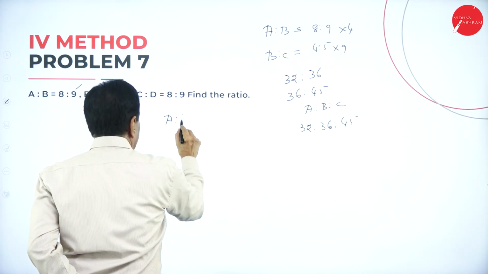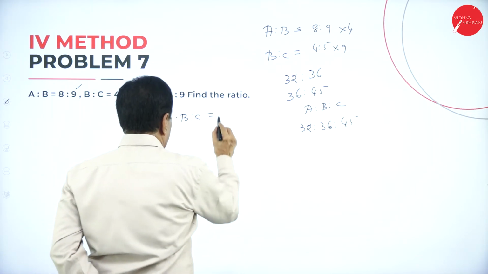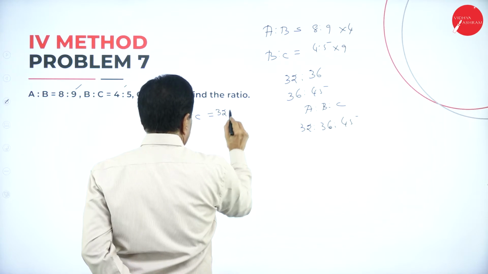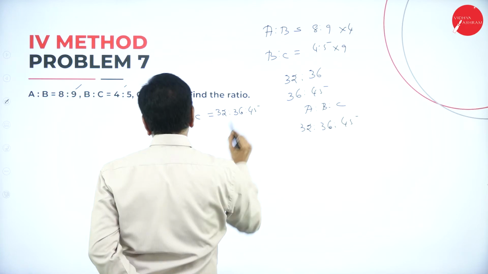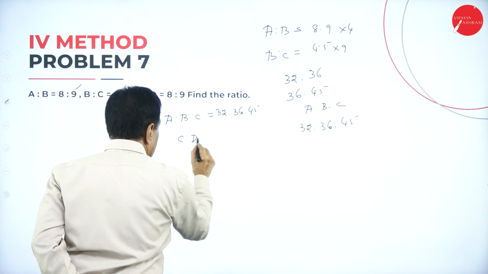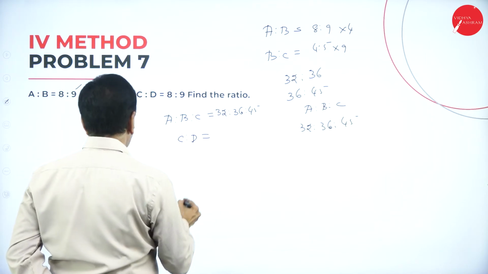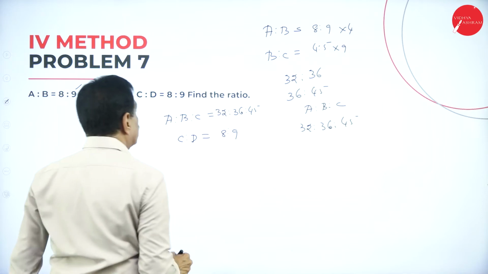Then A is to B is to C is 32 is to 36 is to 45. Then C is to D is equal to 8 is to 9. What's common here?